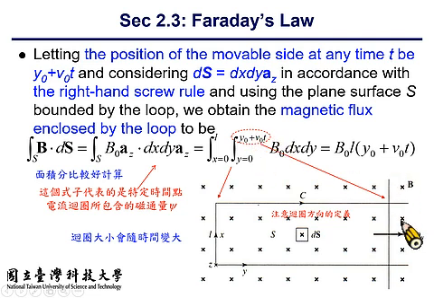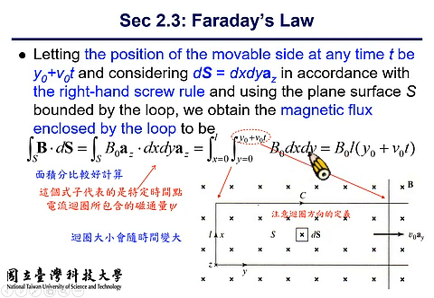Because the movable bar is moving as time changes, its position is y sub 0, the position when t equals 0, plus v sub 0 t. As the time t increases, the position gets further to the right. Fortunately for this integration, the integrand b sub 0 is a constant, so it's simply the product of b sub 0 and the surface area of this rectangular space.